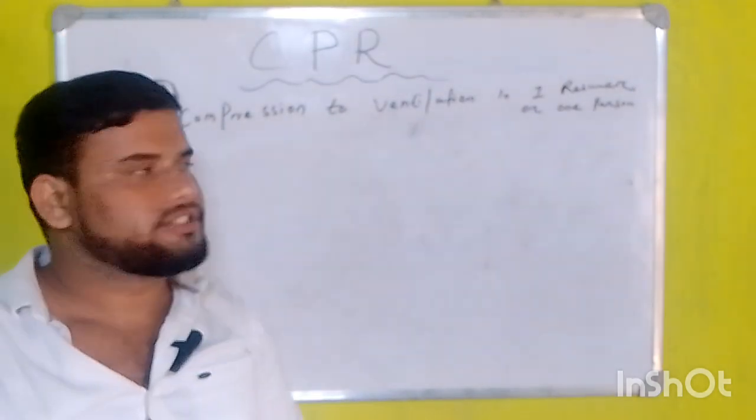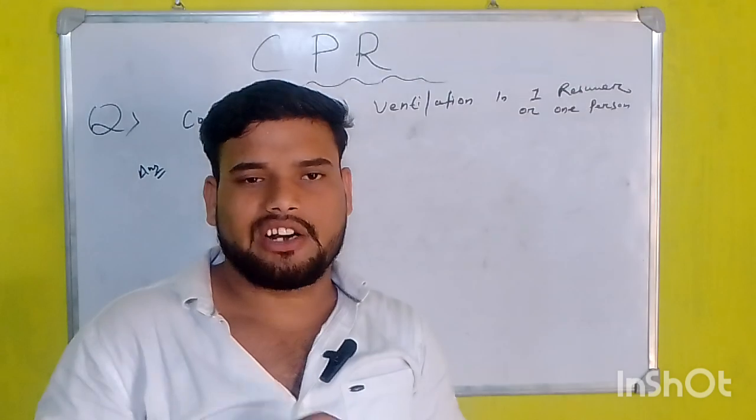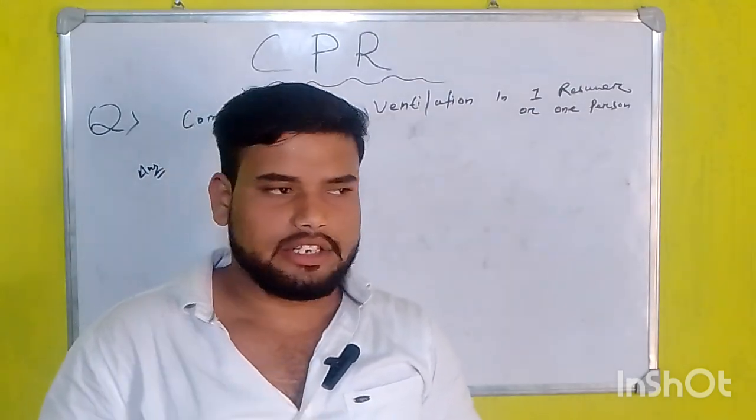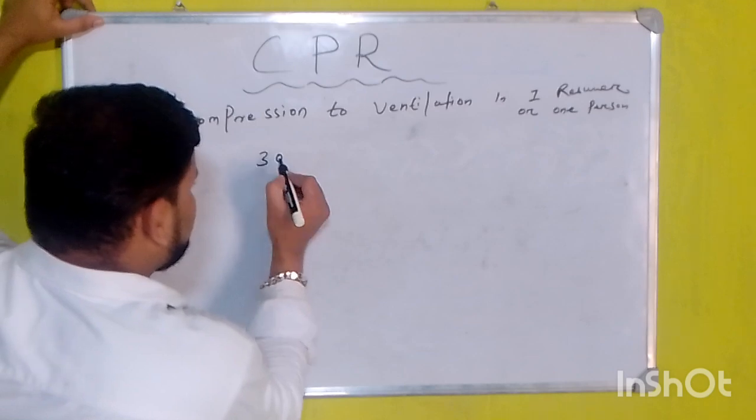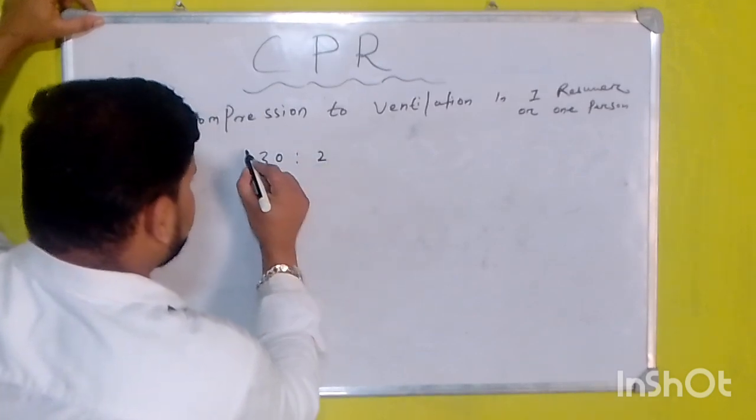Compression to ventilation in one rescuer, that means one person, that is 30:2.